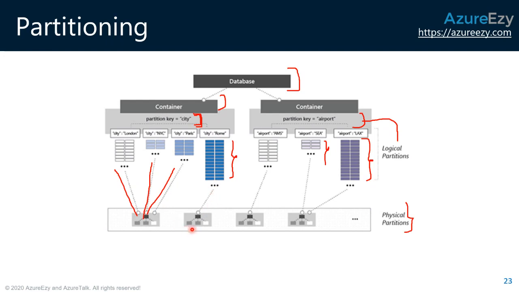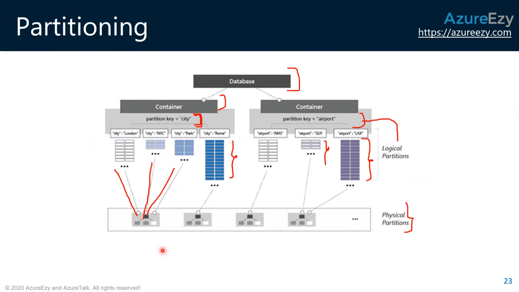Now it is possible Cosmos DB will move this logical partition to another physical machine, in its entirety. It's not like it will connect to two machines. This concept we need to be very sure about. Multiple logical can be on one physical, but multiple physical cannot have a single logical. Let's put it this way. That's how it's going to work.